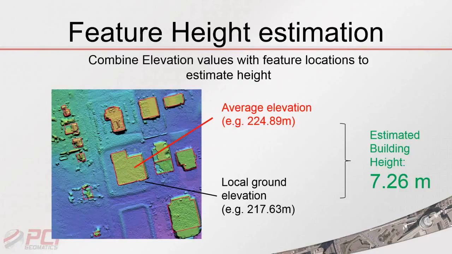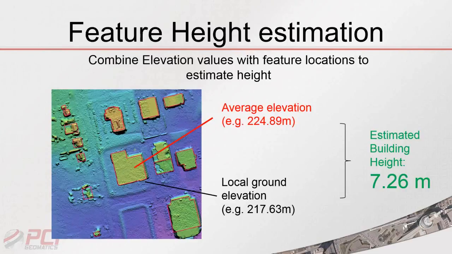But what we can do is overlay the building footprint information on top of the DSM, remove the digital surface model, and arrive at a DTM, or digital terrain model. And what we're left with is a normalized DSM, which is essentially the surface elevation without any underlying terrain elevation, and we can estimate building height.